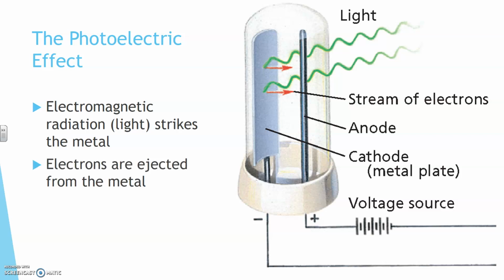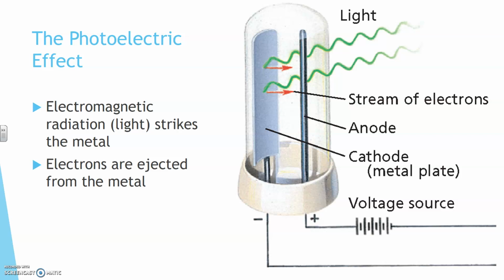But once it hits the metal, it can actually eject some of the electrons from that metal. Granted, this is not as difficult to do as it would be to strip an electron off of a different type of atom that's not metallic. But because metals have this sea of electrons relationship with their electrons, you can knock them off relatively easily this way.